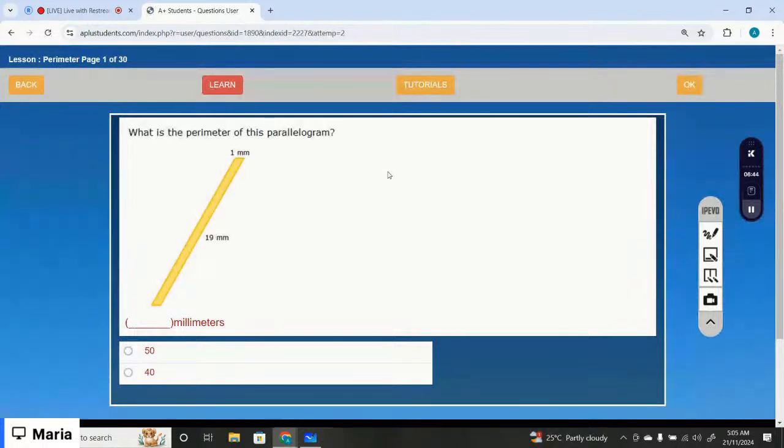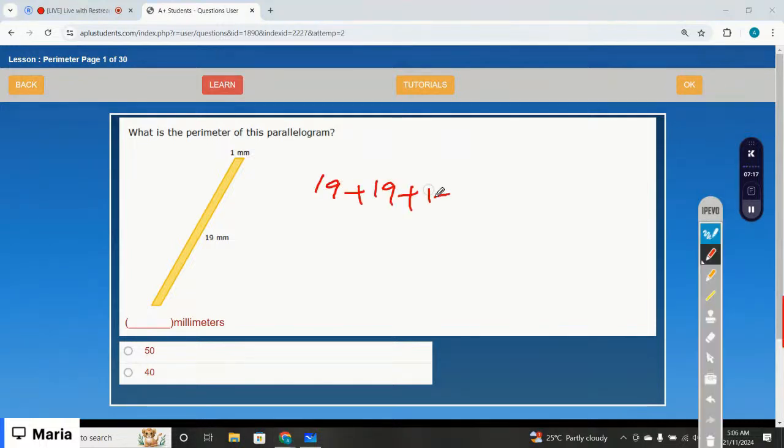What is the perimeter of the parallelogram? Opposite sides are equal in measurement in the parallelogram. So for the perimeter, you need to add all the side lengths. That is 19 plus 19 plus 1 plus 1.